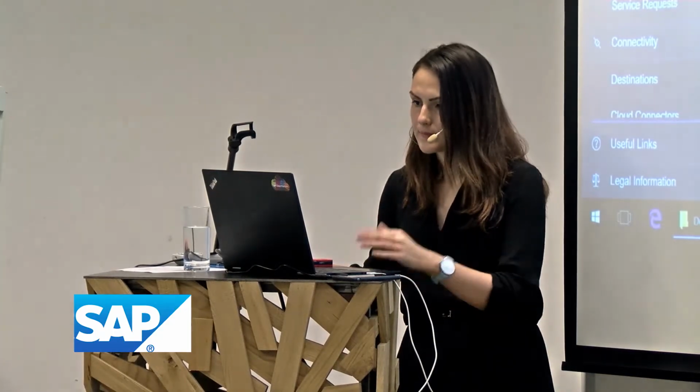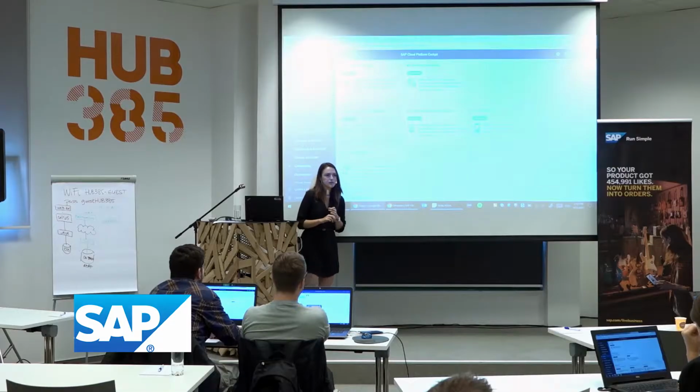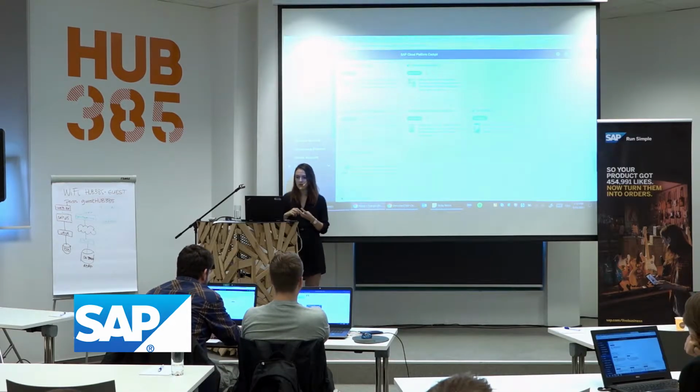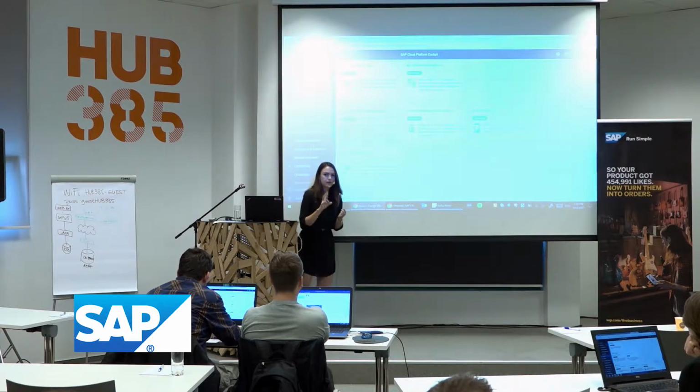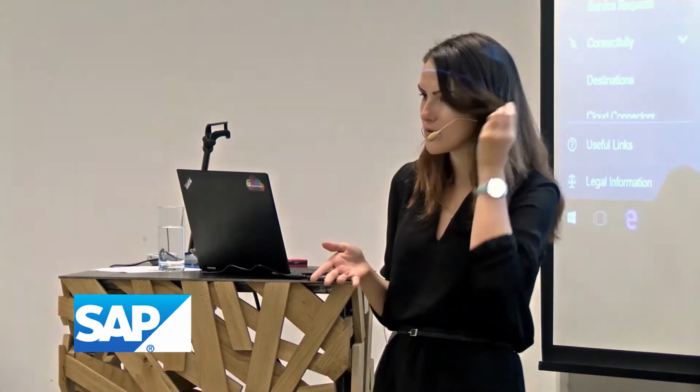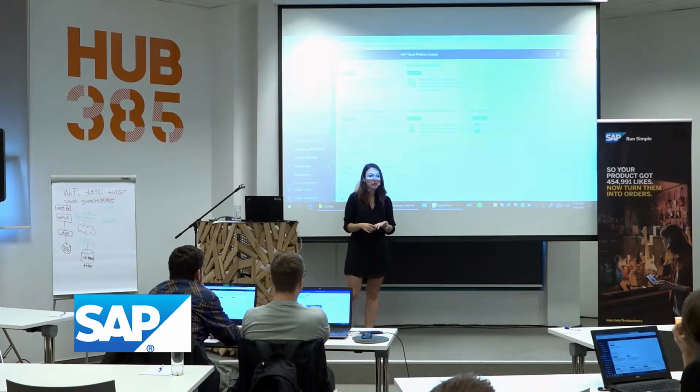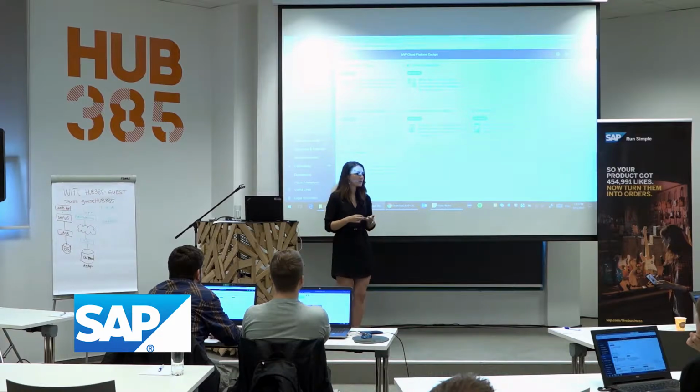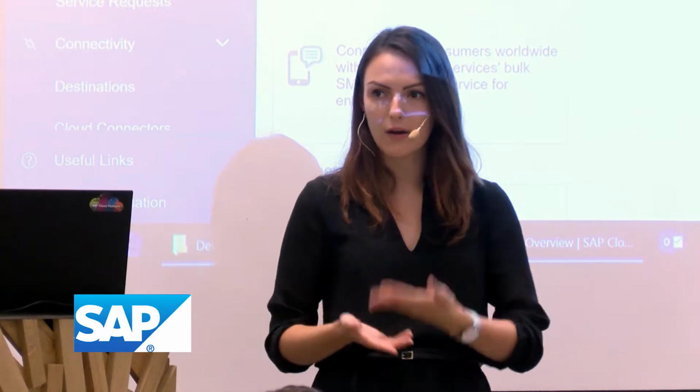Going on, we just have a few more. So we have mobile services where you can first of all do the mobile development. You have the development and operations. There are three main kinds of applications that you can develop. First of all, there is the web application that can be run in your browser, also on the phone. Then you have a native application. You can develop applications for Android or iOS.